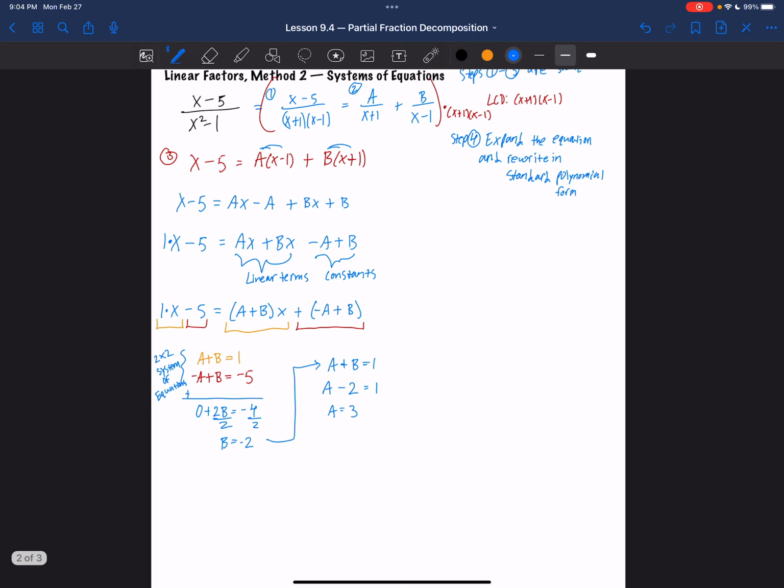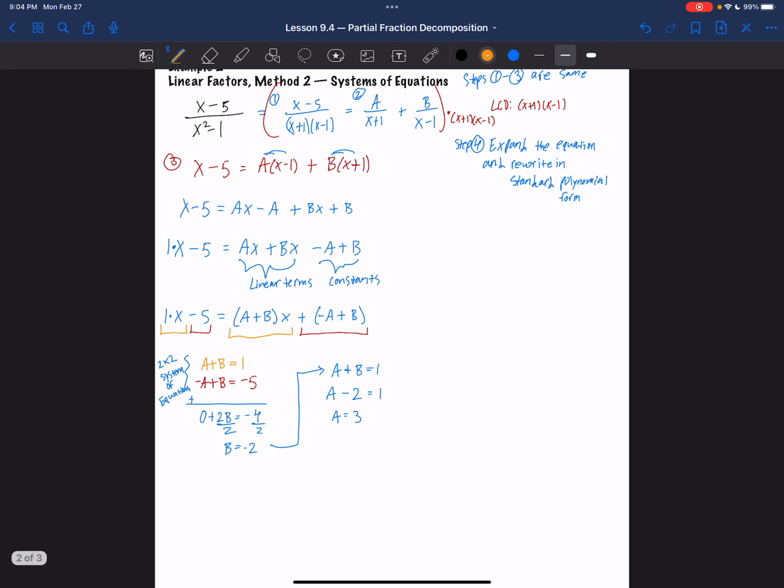Okay? And so, our final answer, right? Final answer. We took x minus 5 over x squared minus 1, and we decomposed that into 3 over x plus 1, plus negative 2 over x minus 1.